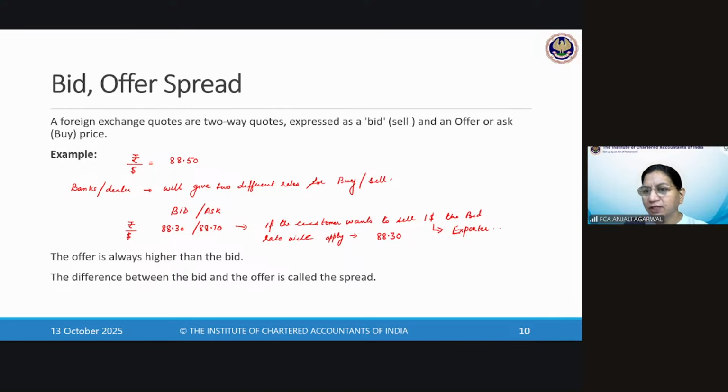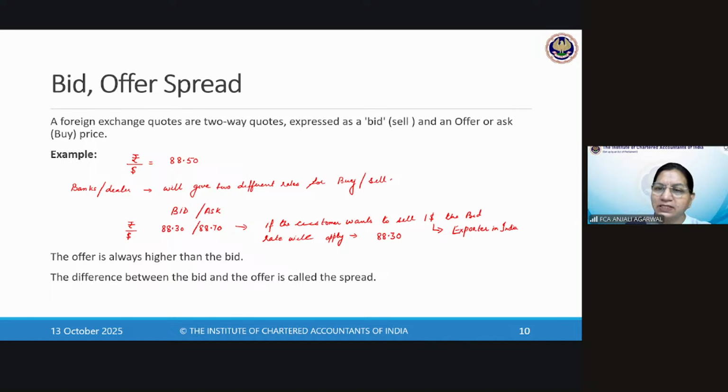So you will go to the dealer. You will tell them that these are the dollars I have and I want to convert these dollars into rupee so that I can use it in India. So any exporter in India would receive dollars if the invoice was in dollars, and then he cannot keep these dollars with him. He has to go to the dealer and get these dollars converted into rupee. So what the dealer will offer, the bid, would be 88.30.